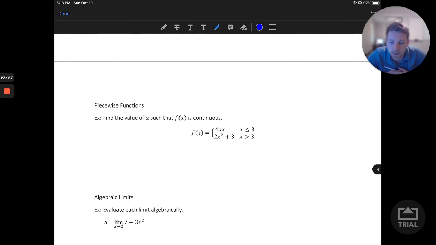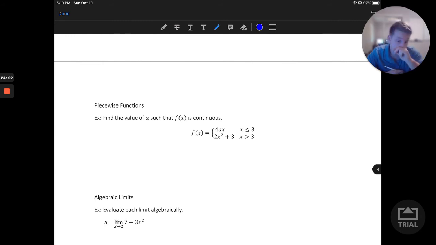It looks like we have two separate functions defined over two different domains. One domain is x is less than or equal to 3. We're defined as 4ax, and then over the second portion of our domain, x is greater than 3, we're defined by a quadratic function, 2x squared plus 3.